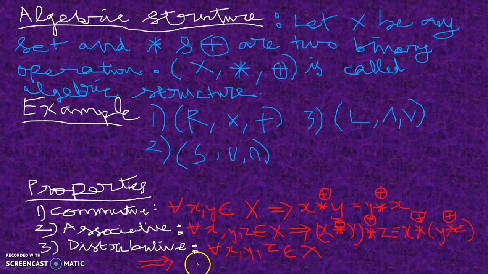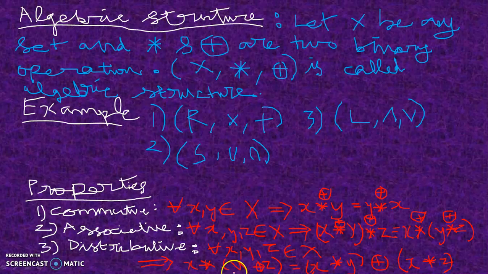Look at this very seriously. x star (y round plus z) would be equal to (x star y) round plus (x star z).